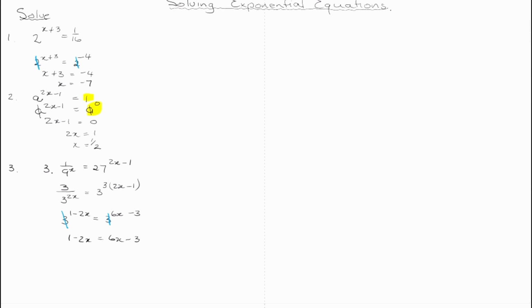I'm going to take the x's to the right, 6x plus 2x, and here 1 plus 3, I'm getting 4 equals 8x. 8 is multiplied by the x, so I'm going to take it to the other side and divide by it, and you end up with x equals a half.